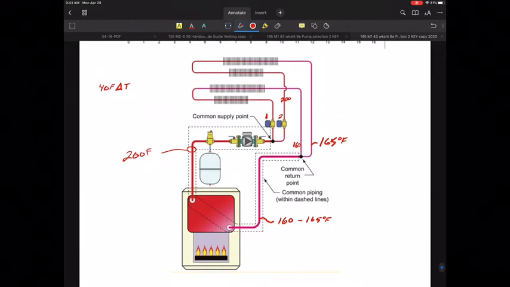It doesn't really matter, but let's say the average between the two was 162.5 degrees Fahrenheit roughly. Whether it's 162, 163, or whatever it might be, it's fairly high. So we're anywhere from about a 35 degree delta T all the way to a 40 degree delta T.